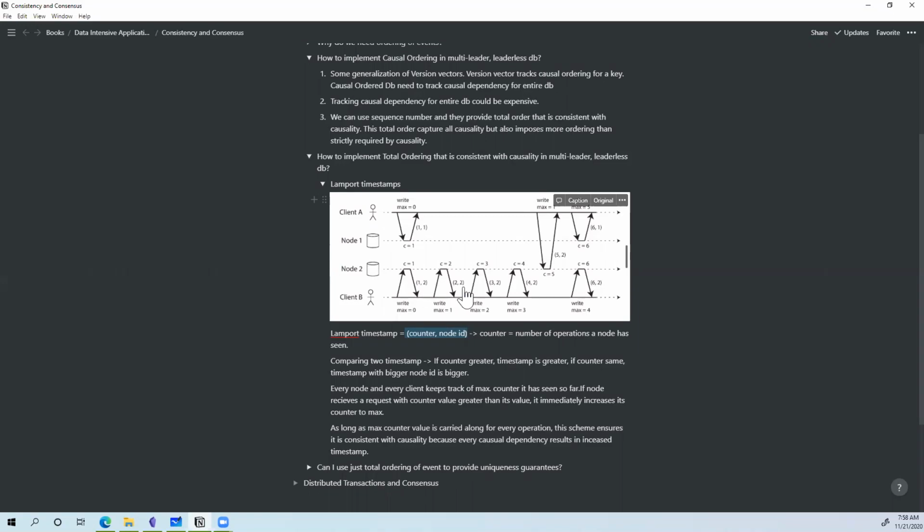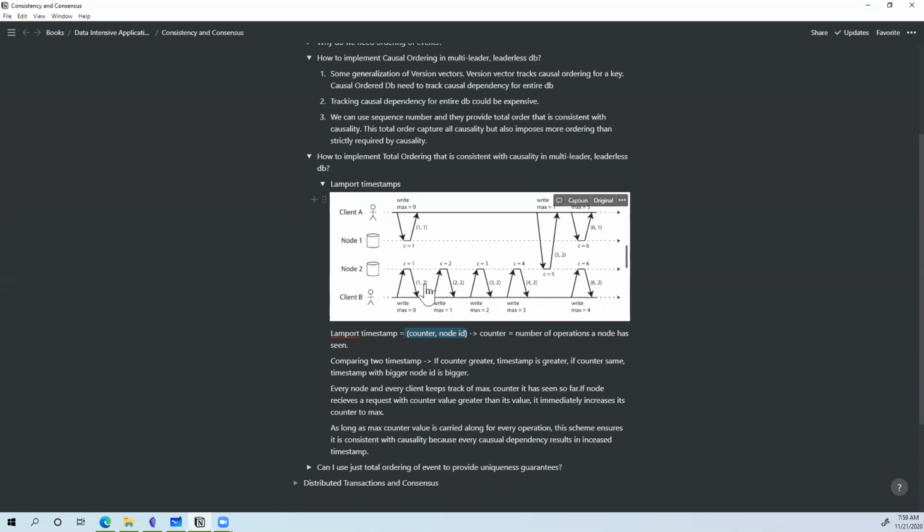The value which has the greater counter is the more recent value. So 6,2 is greater than 4,2, right? But what happens if the counter value is the same? Then how do you compare two timestamps? The meaning is that if the counter value is the same, then those two timestamps happened concurrently, right?